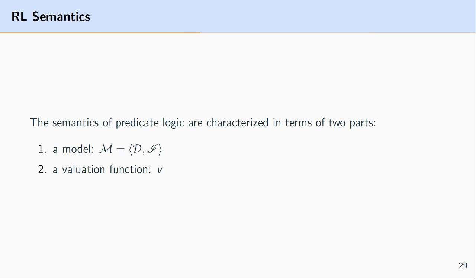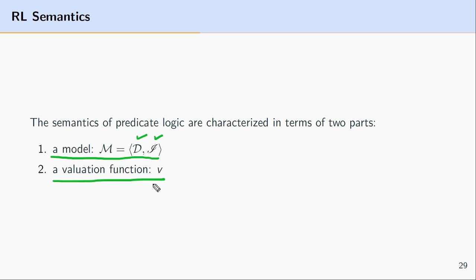So just to conclude, the semantics of the language of predicate logic consists of 2 parts. The first part is what has been covered in this video. This is the notion of a model. And the model consists of 2 parts, which is this domain of discourse and the interpretation function. In the next video, what we'll look at is the other part of the semantics of predicate logic, and this is the valuation function.